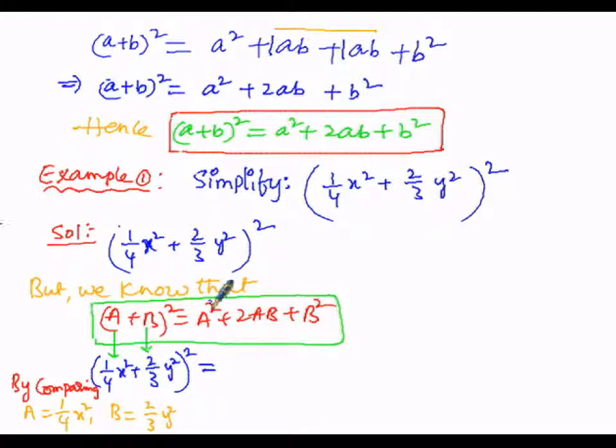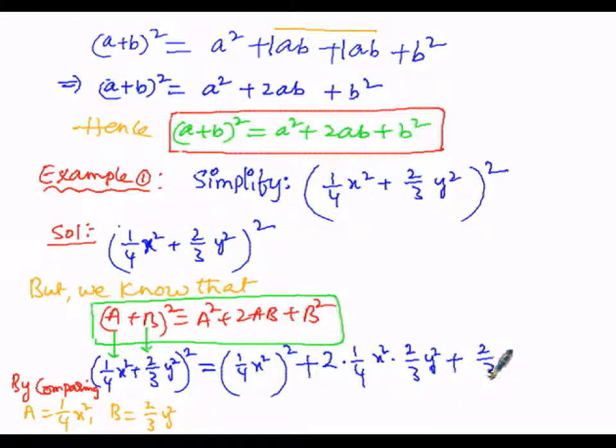A is 1 by 4x square, but it must be squared since it is A square, plus 2 into A into B. So 2 into A value is again 1 by 4x square into B is 2 by 3 y square plus B square. B is 2 by 3 y square, but it must be squared.